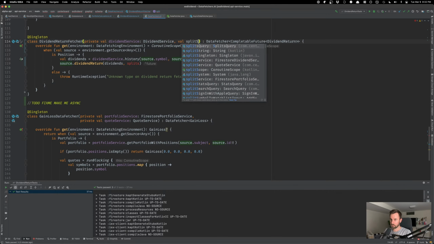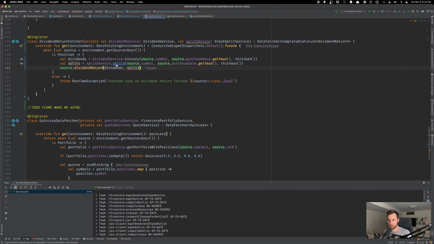We then need to get the splits for this. We are getting it from the purchase date year to now. So source.purchasedate.get year to this year. This could return null. So this is going to just be empty list.